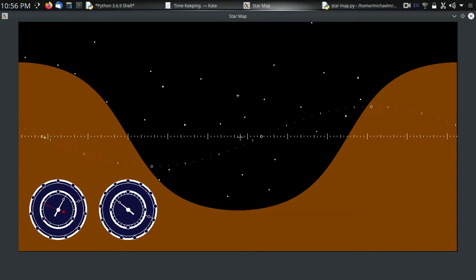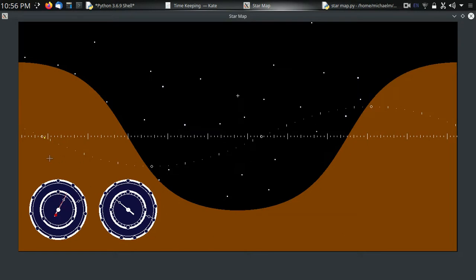You set this on the ground or something, and use it to see what's, if you have west to your left and you have this to your left, then these stars are going to be over there to the north of you. These stars are going to be south of you. Yeah, it just projects.